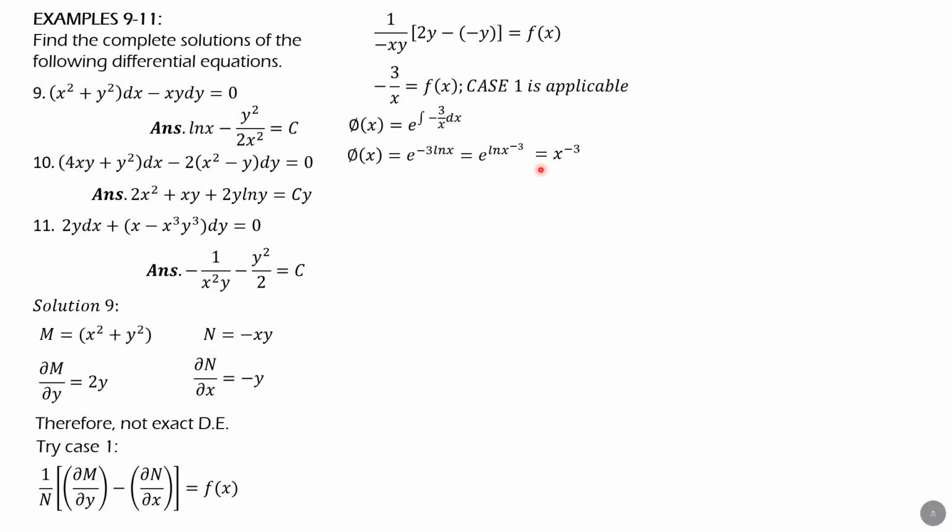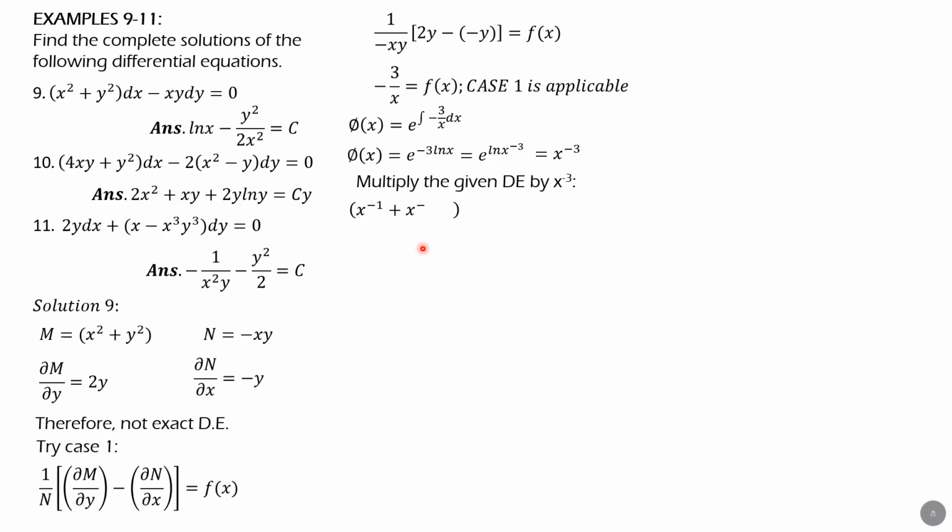After that, we multiply the given differential equation by x to the negative 3. So this becomes x to the negative 1, then x to the negative 3 y squared dx minus x to the negative 2 y dy equals 0. So partial of m with respect to y.